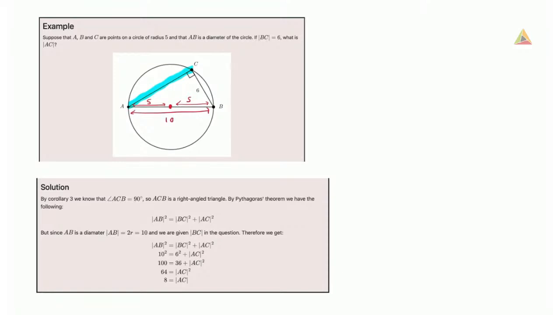Okay, so if I was to redraw that triangle, just draw it here. Something like this. We know that this angle is a right angle. We know that this distance is 10. We know that this distance is 6, and we're looking for this distance here. I'm going to call it x. So we use Pythagoras' Theorem because it's a right angle triangle.